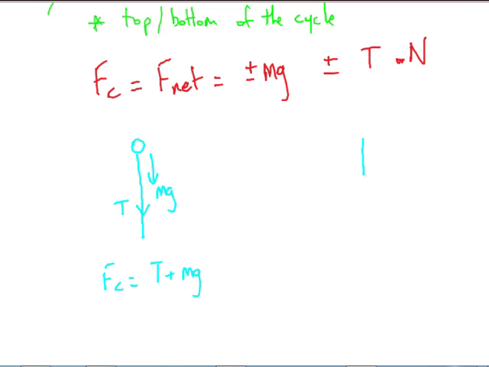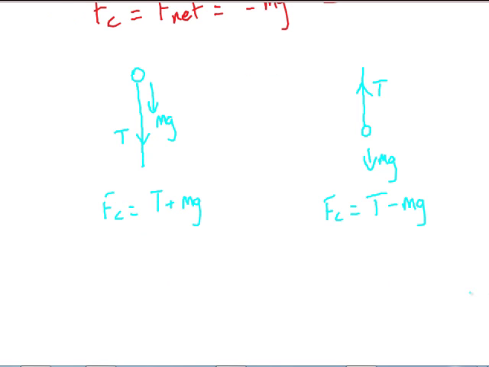At the bottom of the loop, tension acts up, mg still acts down, so F net, or your centripetal force, is T minus mg. There's no real hard and fast rule, we've just got to look at it case by case. So drawing a picture or drawing on the diagram will often help with this.